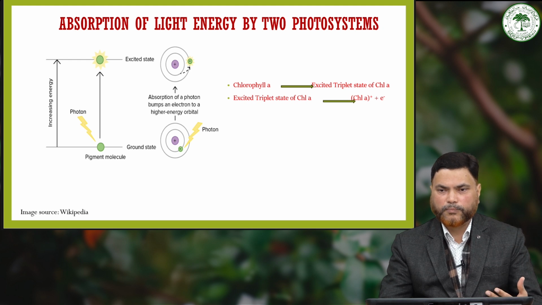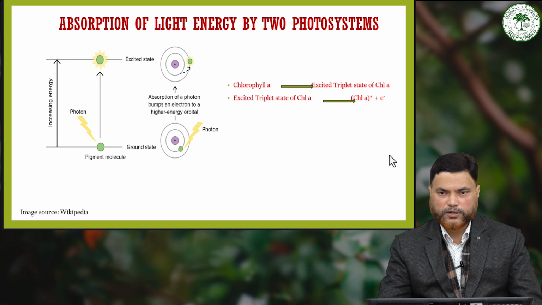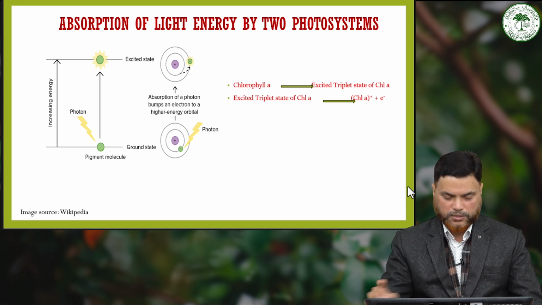So, the metastable triplet state is the main excited form of chlorophyll that actually takes part in further photochemical reactions. Now it releases energy along with an electron, therefore attains a sort of positive charge and becomes oxidized. Now try to understand, this electron is then passed to another molecule in the complex known as the primary electron acceptor, and once this transfer happens, the electron starts its journey through an electron transport chain.